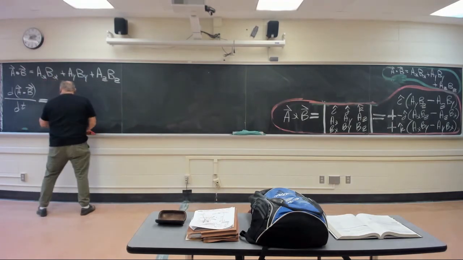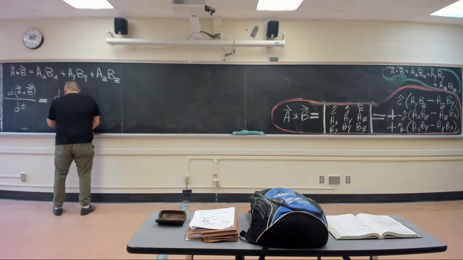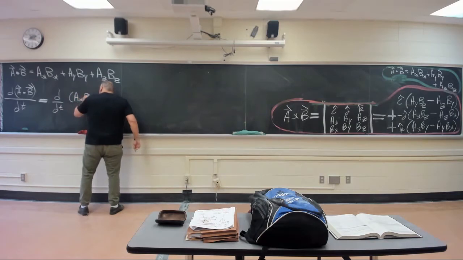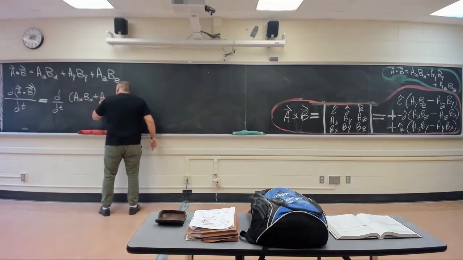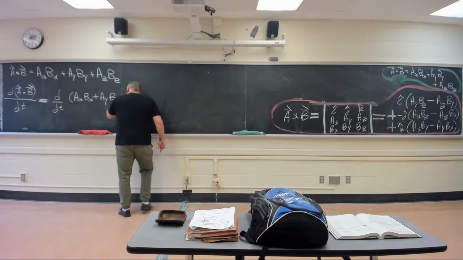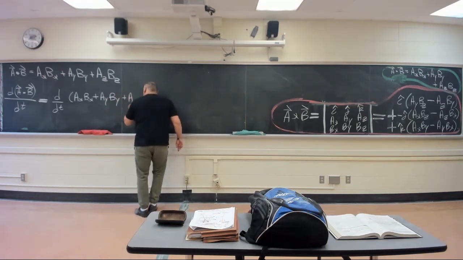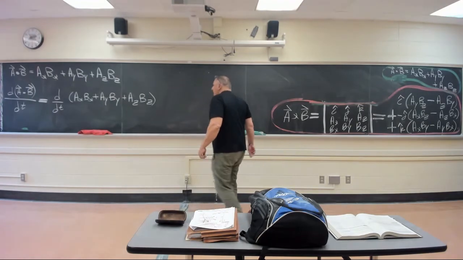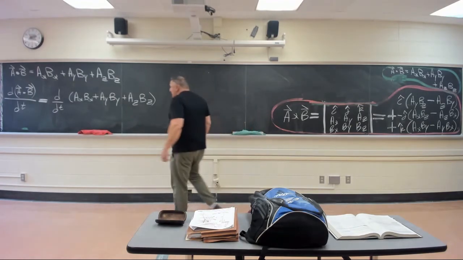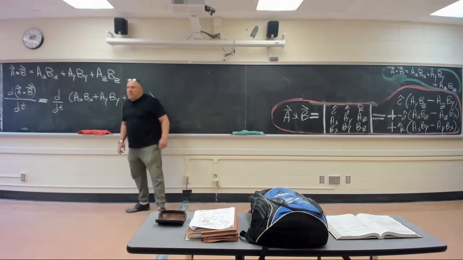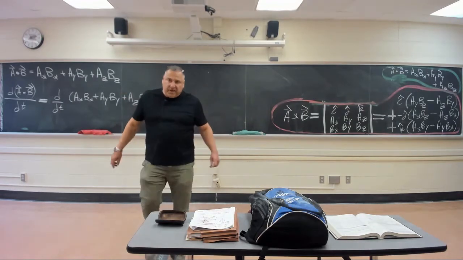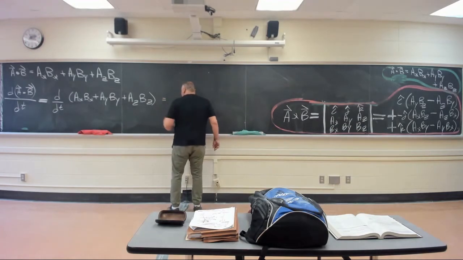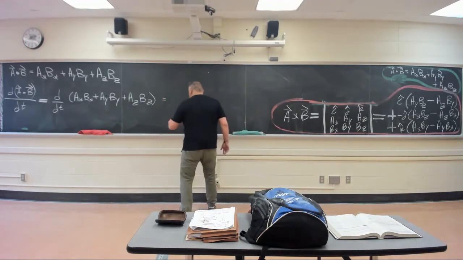There are probably a number of ways to write this. I'm not sure what's the most convenient. Let me write it like this. Right, the differentiation of a sum is the sum of the derivatives. What does that mean? That means you differentiate each of these by themselves.